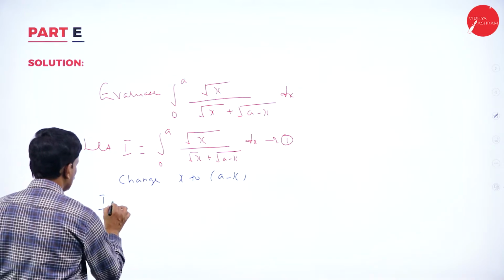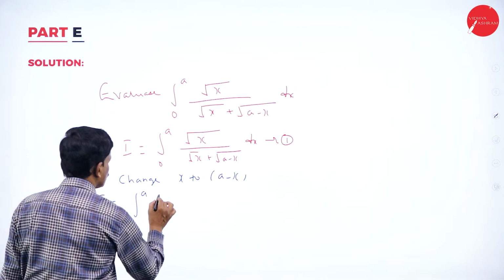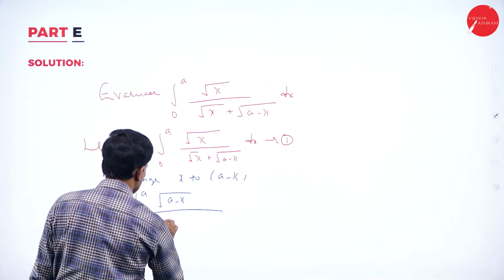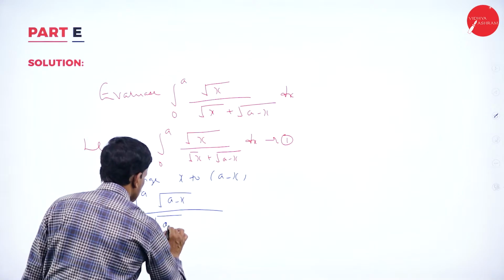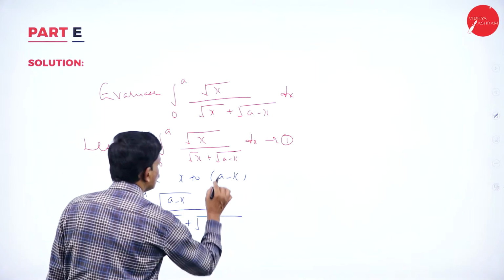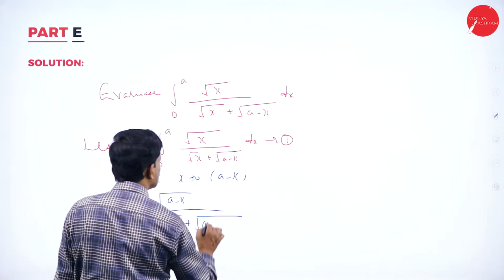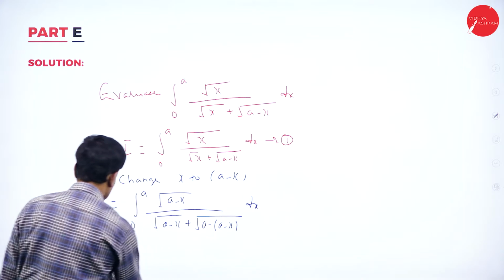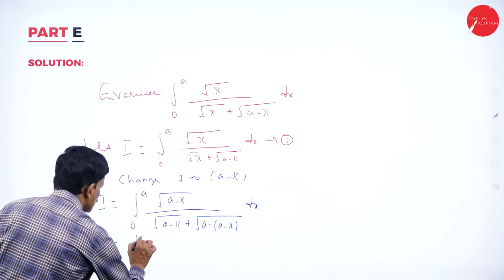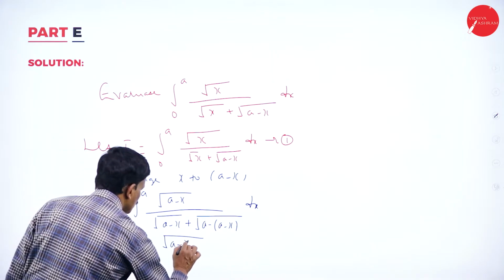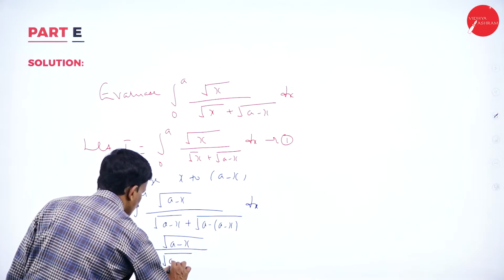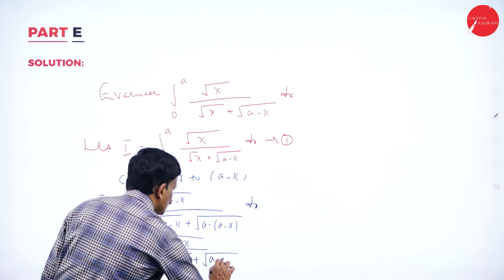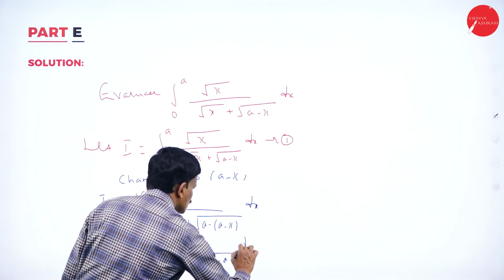Then this I is equal to integral 0 to a root of a minus x divided by root of a minus x plus root of a minus, minus x, which can be written as a minus x into dx.